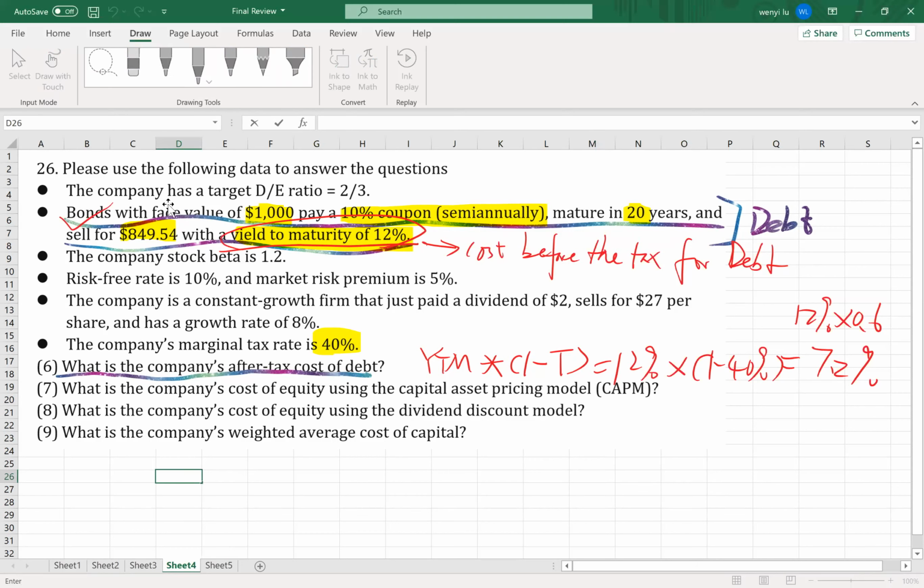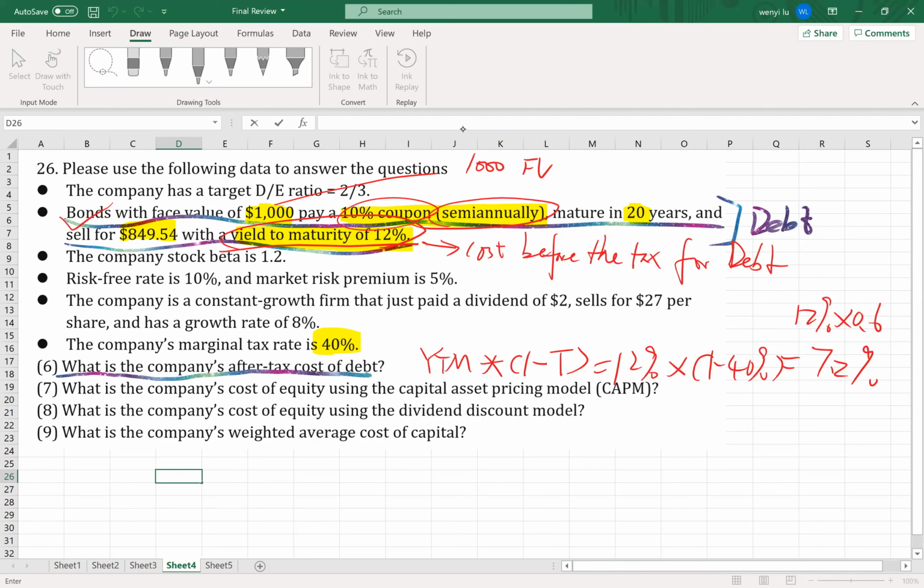You see our bond with our face value what? $1,000, right? So this $1,000 is our what? Is our PV or FV? It should be our future value, right? Because you receive this face value on maturity. So 1,000 is what? Future value. And you see the coupon is 10%, but paid what?